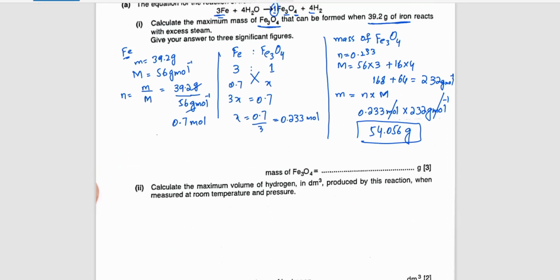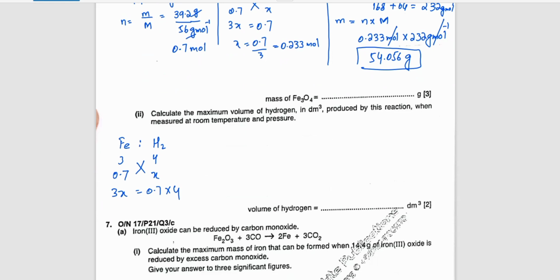Look here carefully. We can simply compare Fe ratio hydrogen H2. It's 3 moles produces 4 moles of hydrogen. Am I right? And if we have iron 0.7, so what will be its amount x? So 3x is equal to 0.7 multiplied by 4.